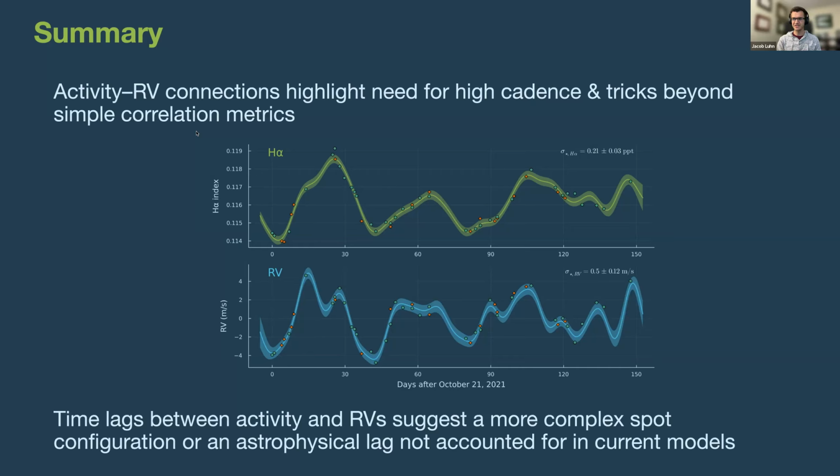And some of these GP lag techniques might be better indicators of whether you're seeing an activity-induced signal. And then in this particular case, this suggests perhaps a more complex spot model or some astrophysical time lag that's not accounted for. And we're close to the hour.